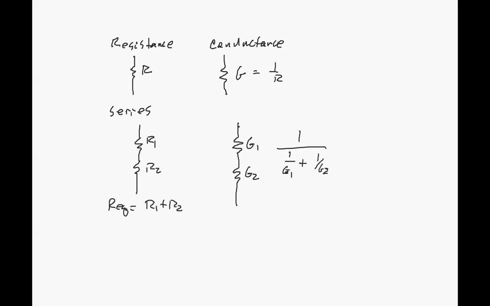The inverse of that would be 1 over R equivalent. And this would be the same as 1 over R1 plus 1 over R2. So then R equivalent is R1 plus R2.